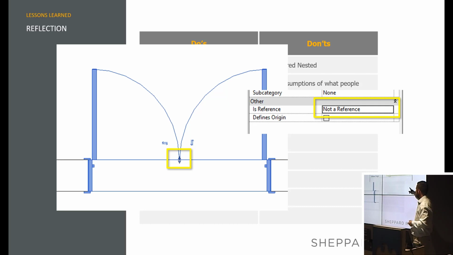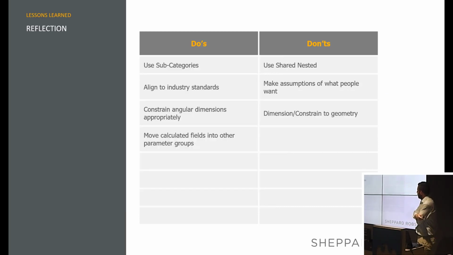So the best thing to do instead, a bit of a tip and trick for you, is any reference plane that connects to that you don't want to see, if you change it to not a reference, then that little grip won't appear inside the project. So that's a real handy one. I haven't got an example for you for the angular constraints, but those are a real pain.